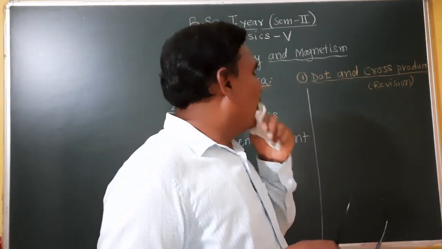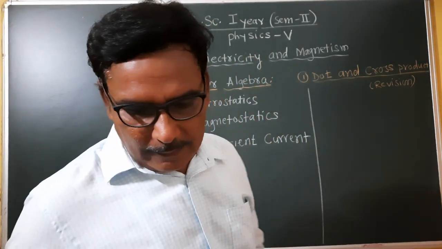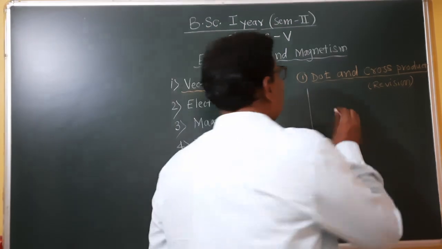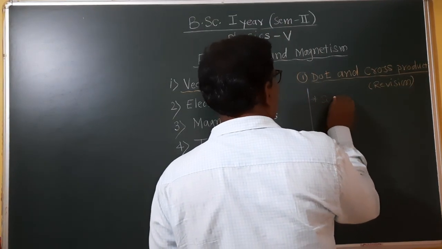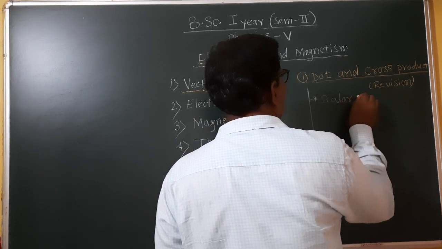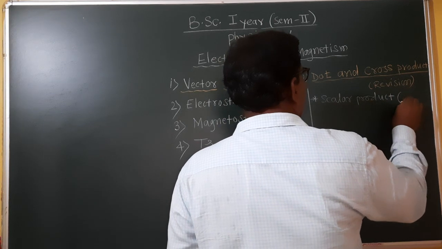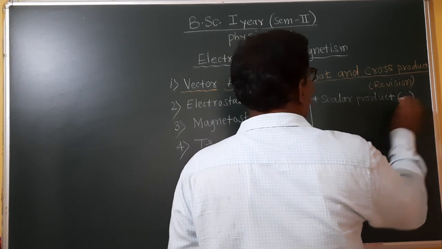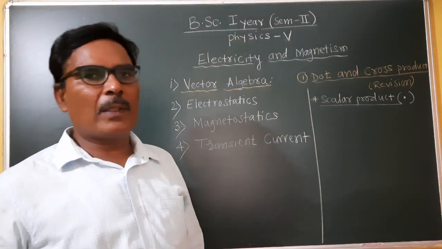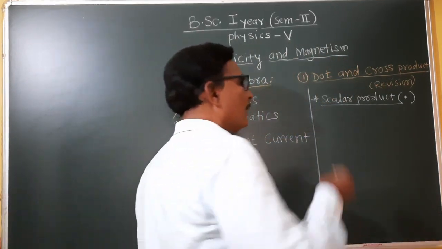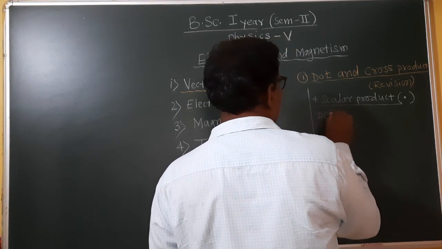Basically, dot product is also called a scalar product. Now what is dot product? Let us take the revision here, that is the definition for dot product.